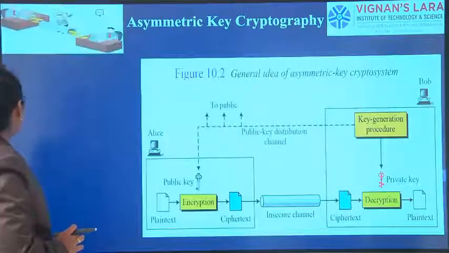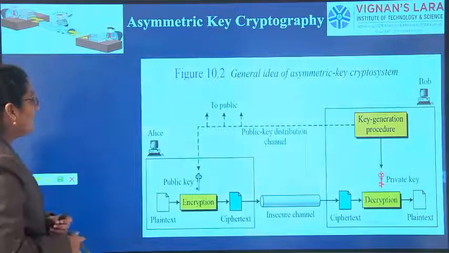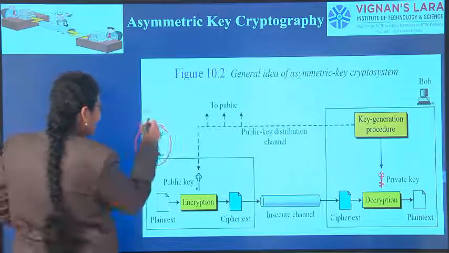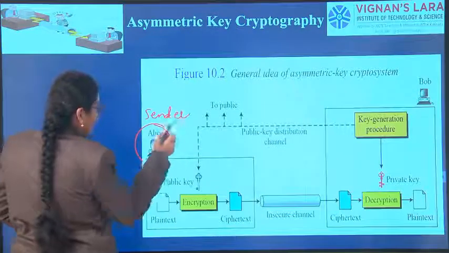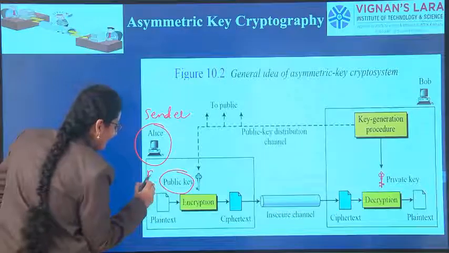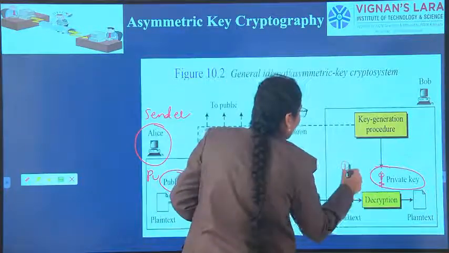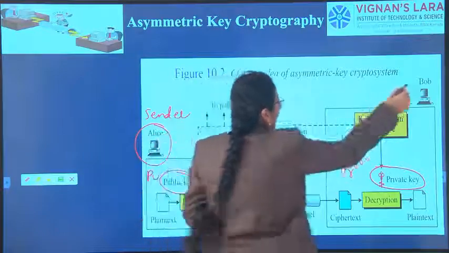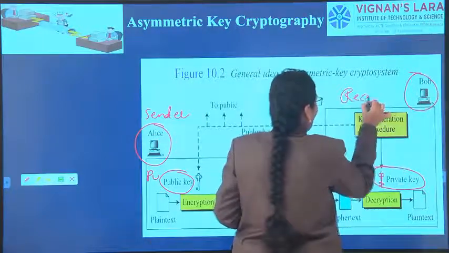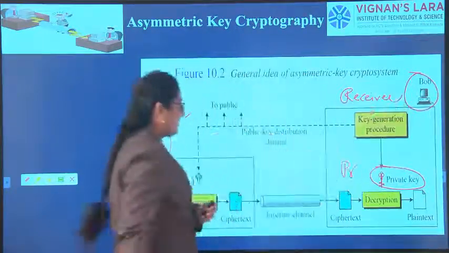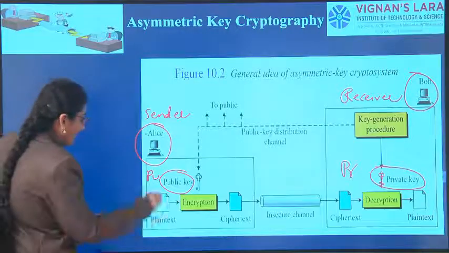In this example, Alice is the sender. Alice will have a public key and Alice will also have a private key. Bob is the receiver. So see what happened here.